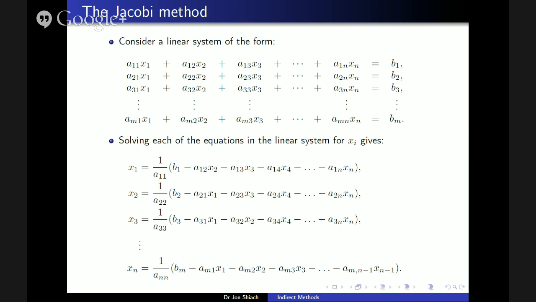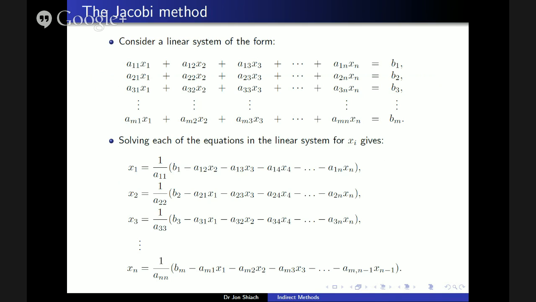If we do that, we get a series of expressions in x1, x2, x3, etc. If we take x1 to start with, essentially we have the reciprocal of the coefficient of x1, so 1 over a11, times b1, and then minus all of the other terms in that first equation. So in order to calculate x1, we need to know what x2, x3, x4, etc. are.